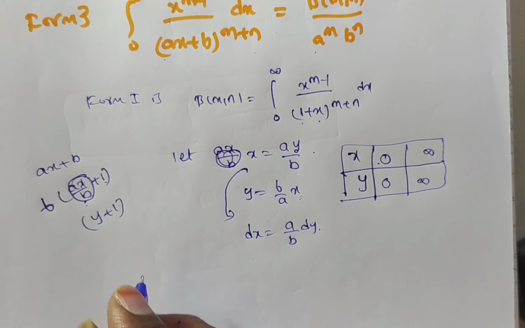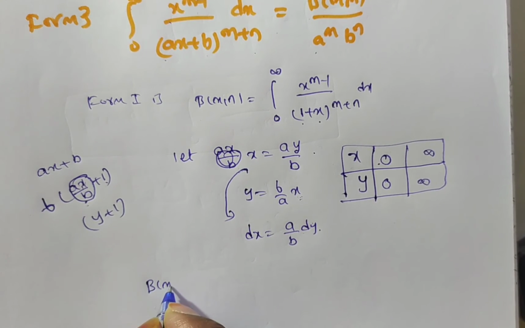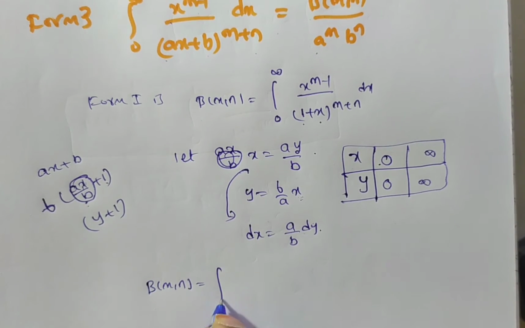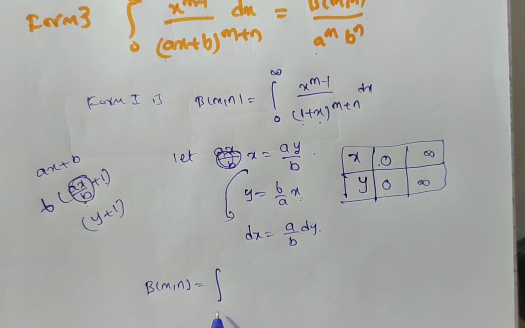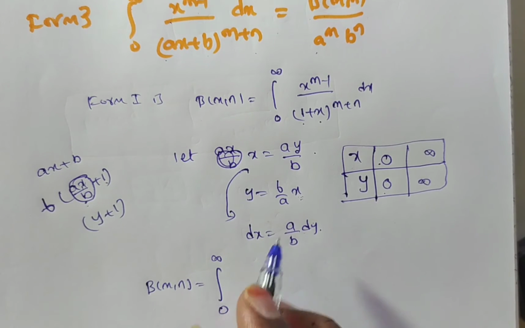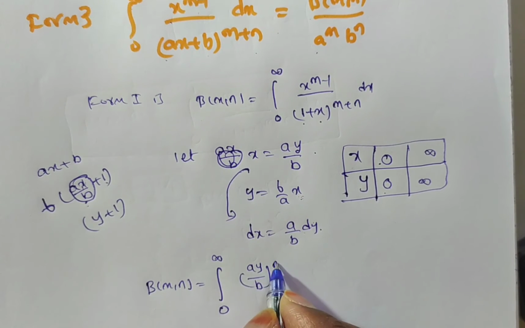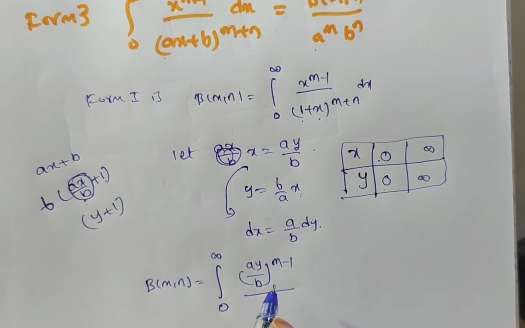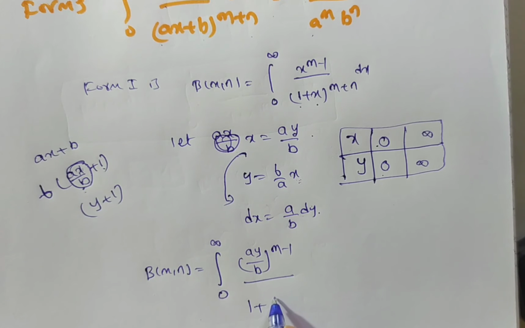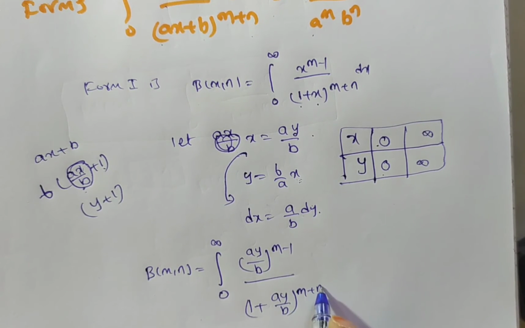Then form 1 will become beta of m comma n is equal to the integral, lower limit 0, upper limit infinity. What is the x value you have? (by by a) power m minus 1 divided by 1 plus, what is the x you have? (by by a) power m plus n into dx.